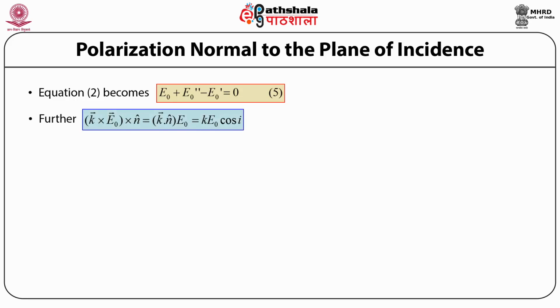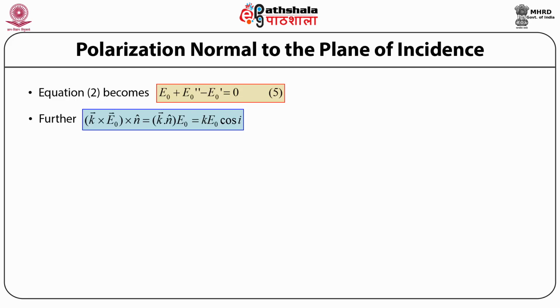Further, we can also write down the cross product of the incident wave vector k with the amplitude of the incident electric field E naught, and the cross product of this with the unit normal n cap, as given by these two equations A and B, which are defined as the Fresnel's relations.